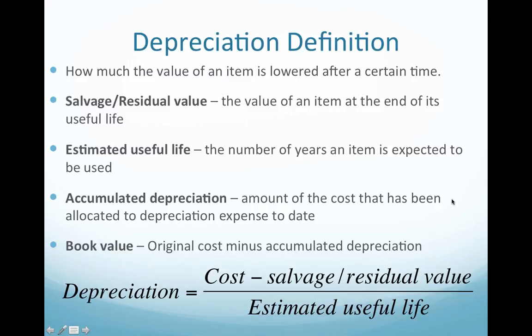And how we figure out accumulated depreciation, we take the depreciation and multiply it by the year, whether it's the first year, second year, third year, and that equals accumulated depreciation.